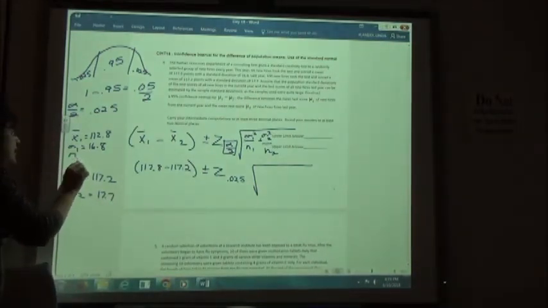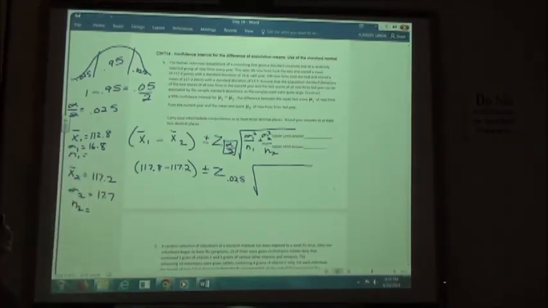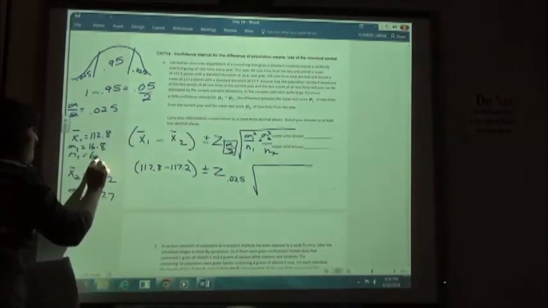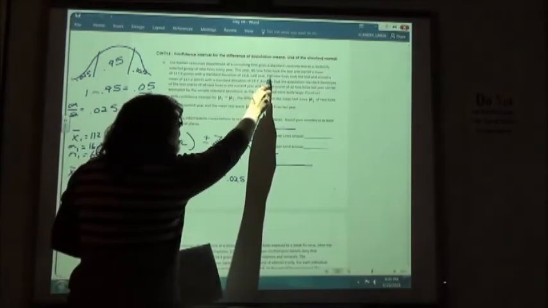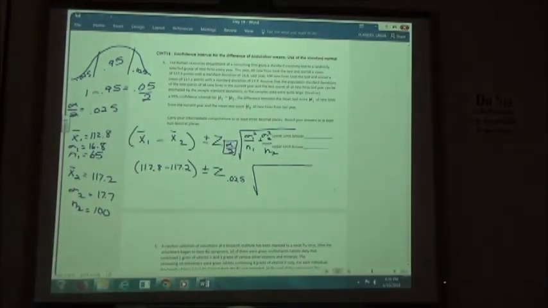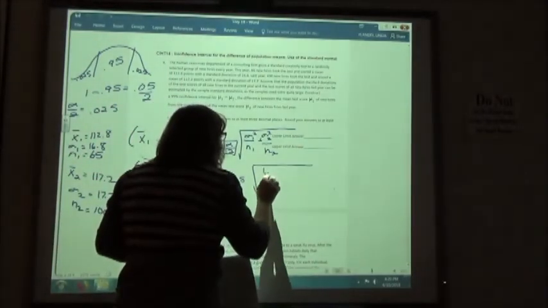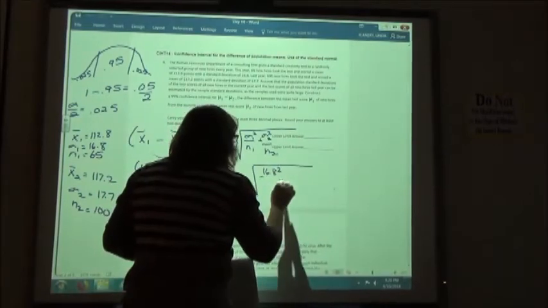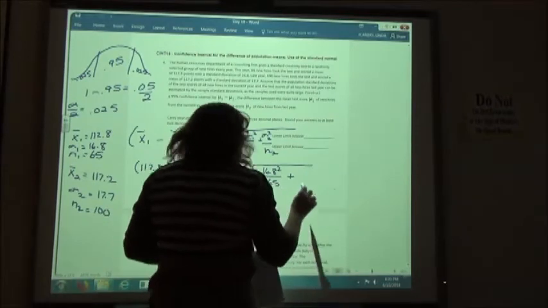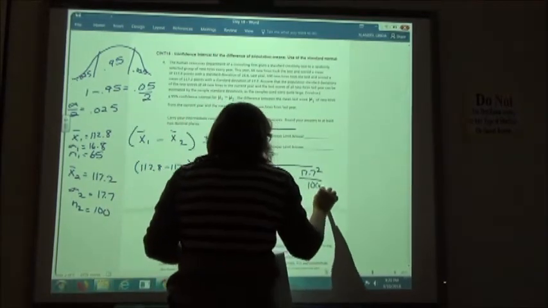I've got to do n1 and n2. n1, how many people did they survey this current year? 65. Last year, 100 new hires took it. So in my formula, for the first part, I'm going to take my 16.8 squared over my 65, plus my 17.7 squared over my 100.